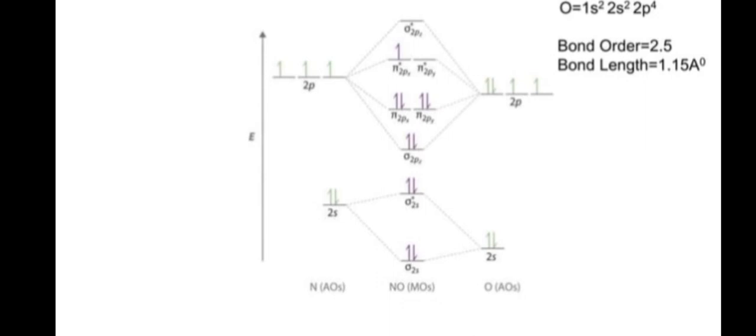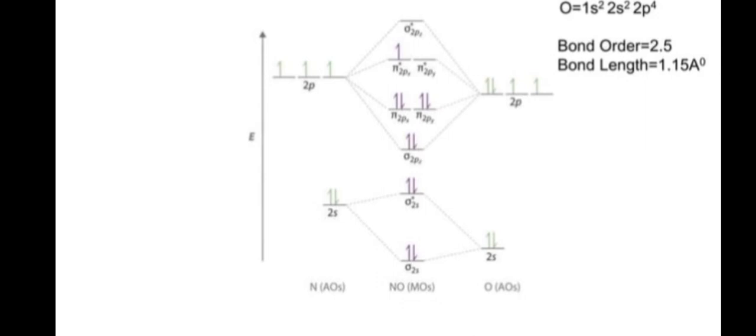In the case of 2s and 2p orbitals, the nitrogen atomic orbital 2s combines with the oxygen atomic orbital 2s and gives rise to sigma 2s and sigma star 2s, completely filled with electrons, that is sigma 2s2 and sigma star 2s2. And the next one is the 2p orbital. Nitrogen has 3 electrons, that is 2px1, 2py1, 2pz1, and oxygen has 2p with 4 electrons, that is 2px2, 2py1, 2pz1.